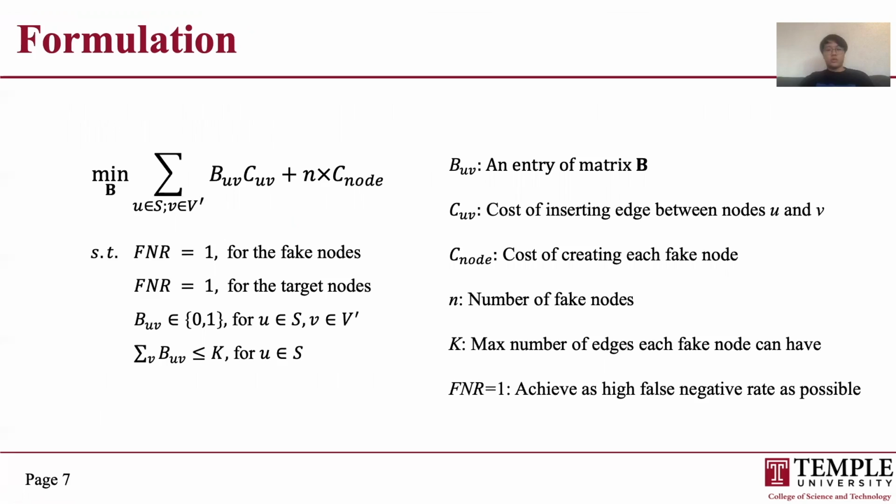The first two constraints mean we hope to achieve a false negative rate on the fake nodes and target nodes as high as possible. In the last constraint, K means the maximum number of edges each node can have. We set this constraint to avoid each fake node connecting to too many existing nodes, which may be very suspicious behavior and can be easily detected.